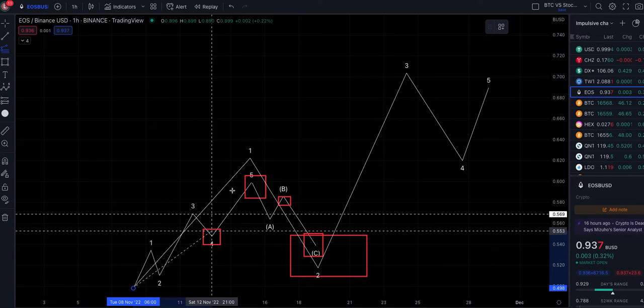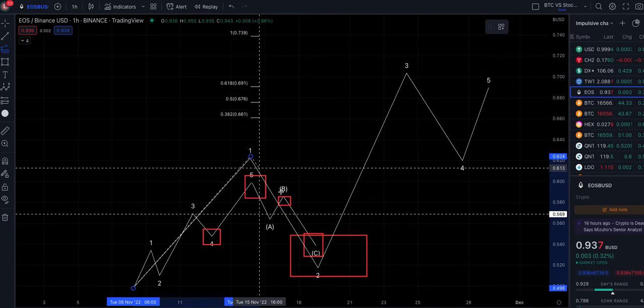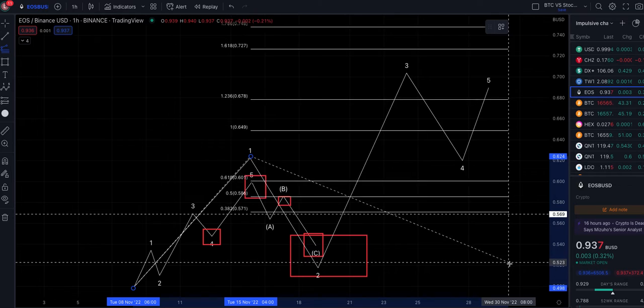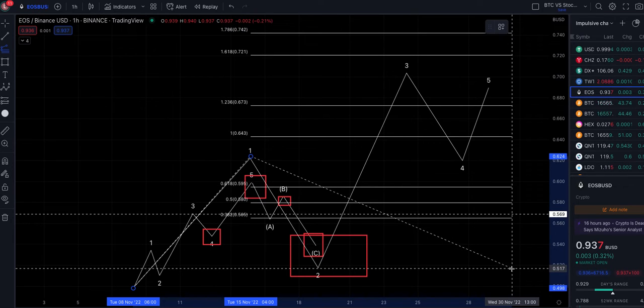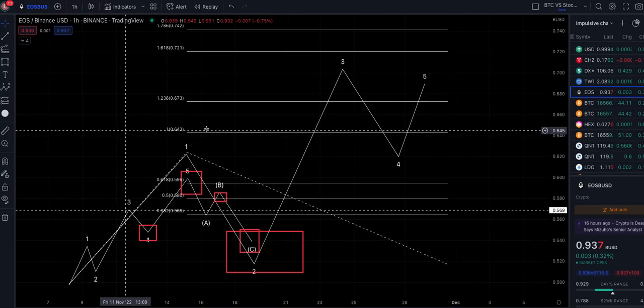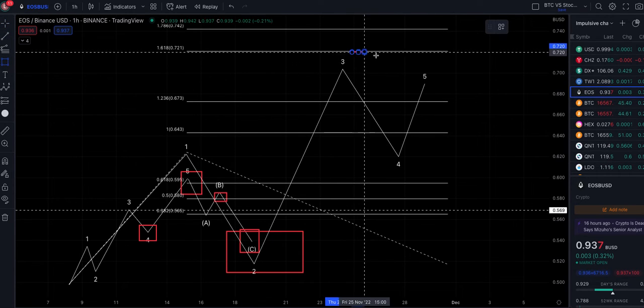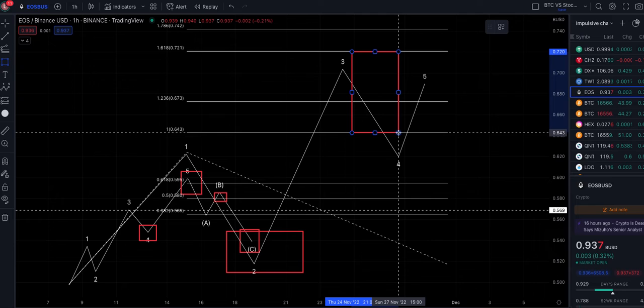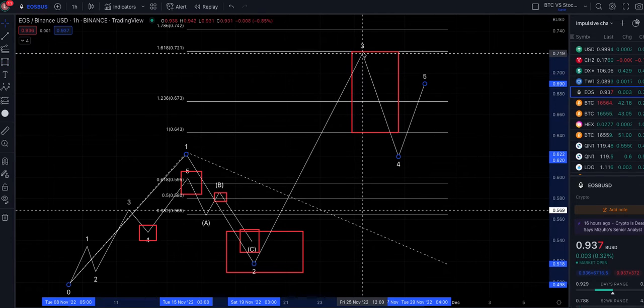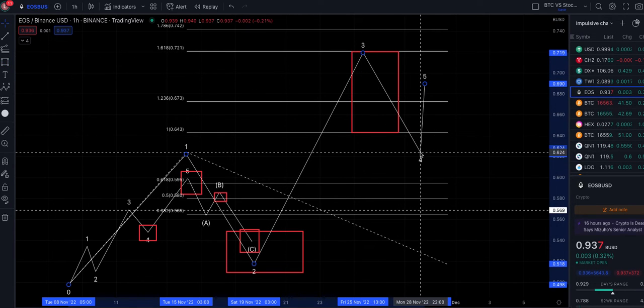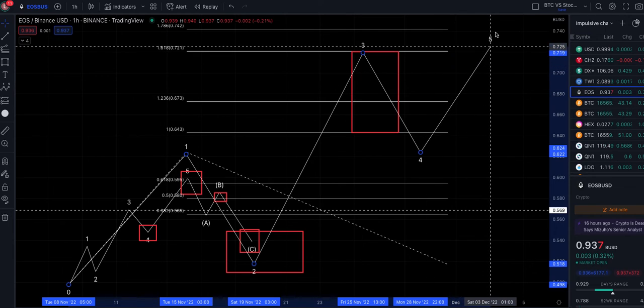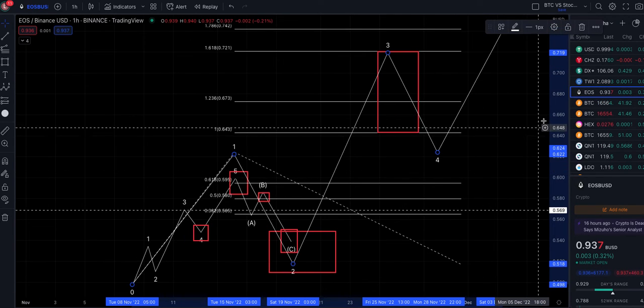So you take the length of the bigger wave 1 down to the bottom of wave 2, and then you would get a price target of the 1.618 to the 1 fib here. So you'd put the wave 3 there, and then you have the wave 4 there, and then you have the wave 5 going up like this.